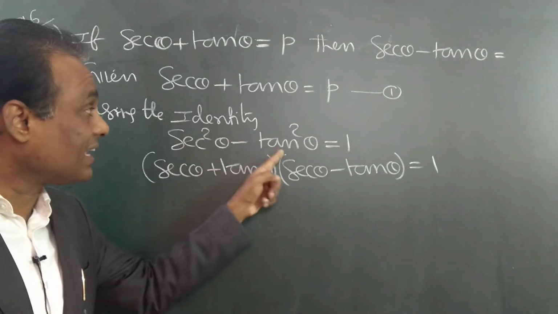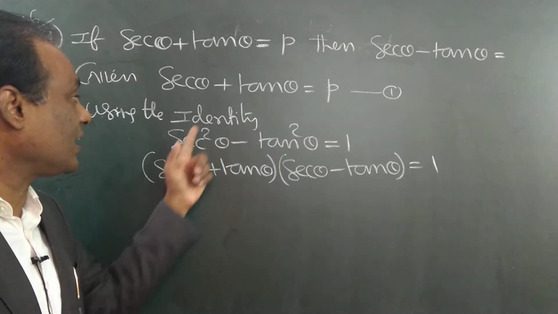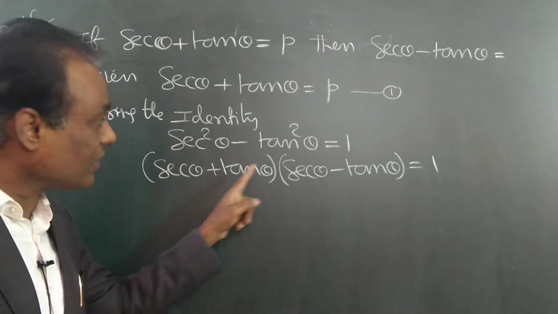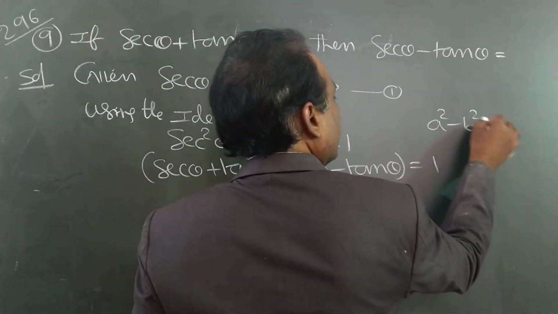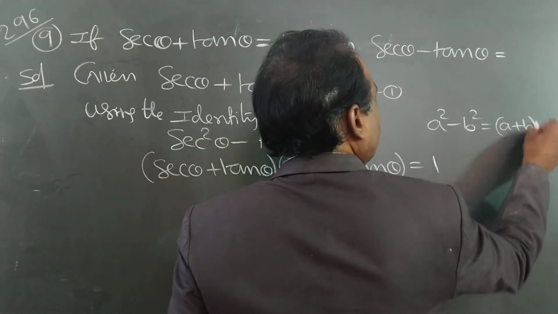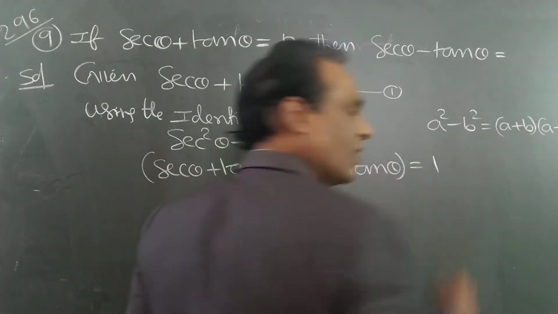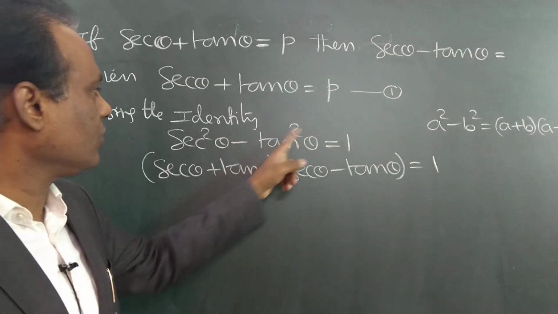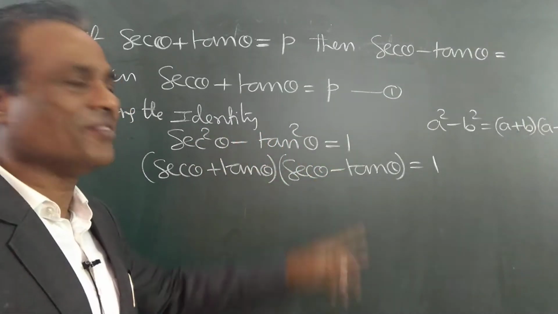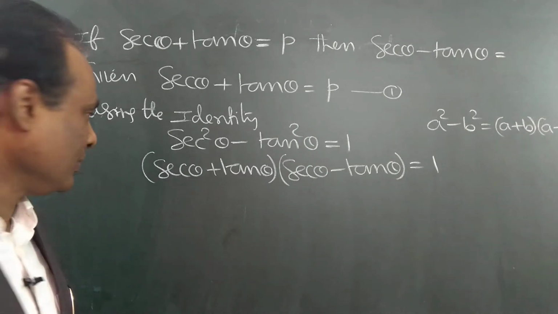A square minus b square. What are the factors of a square minus b square? A plus b into a minus b. You know this. A square minus b square is equal to a plus b into a minus b.